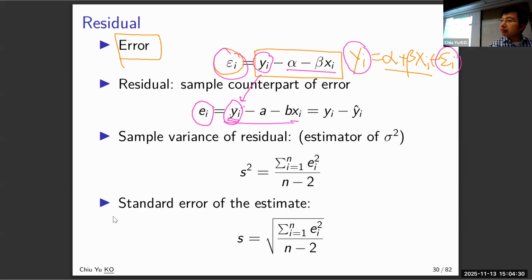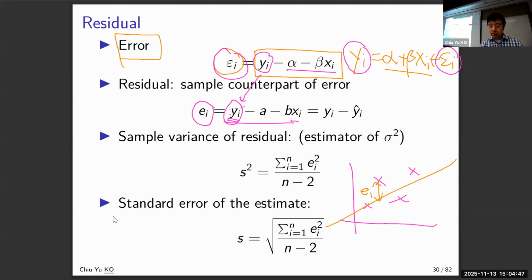Your data, suppose this is your data. This is a regression line, and this is called the residual. Maybe I have to be more careful in describing this.